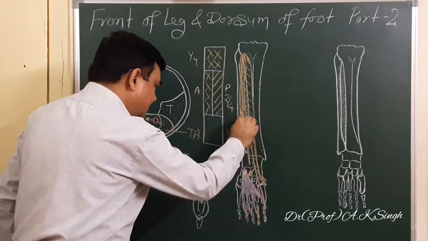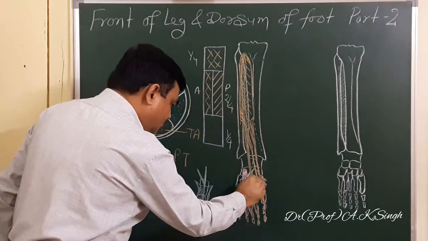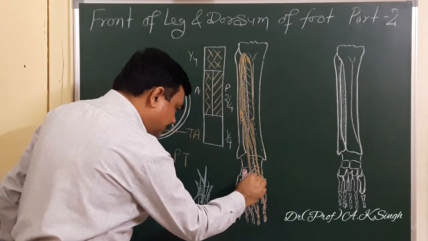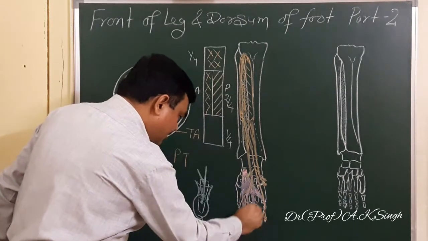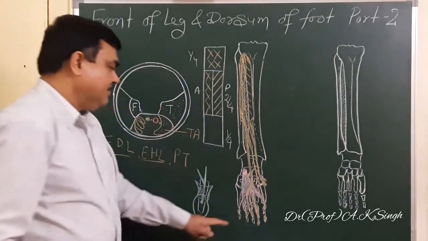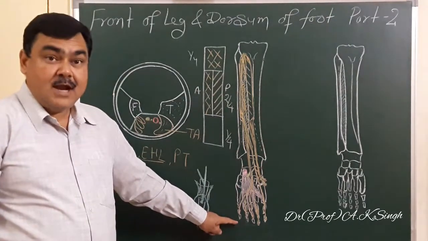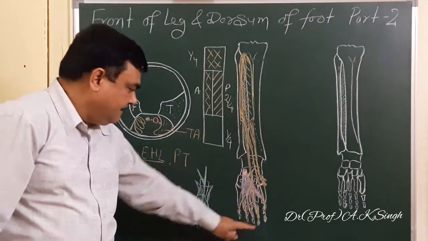From here it passes like this and it divides into 4 slips. It gives 4 tendons for 4 lateral digits, for 4 lateral toes. So here is one tendon.